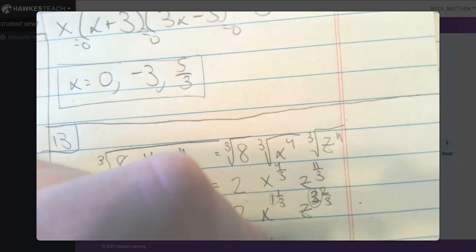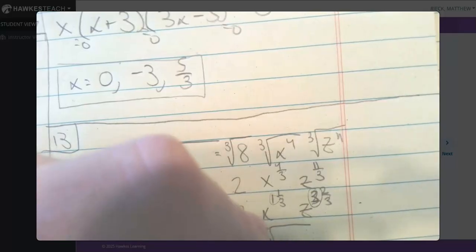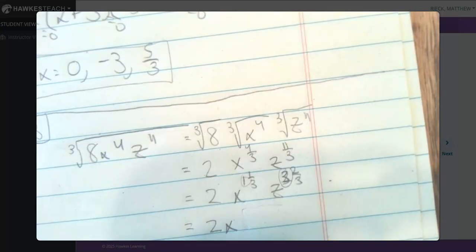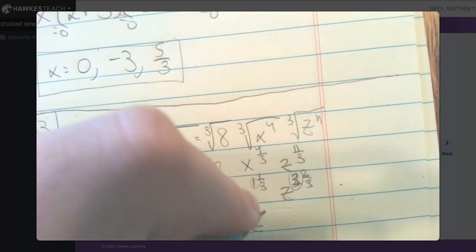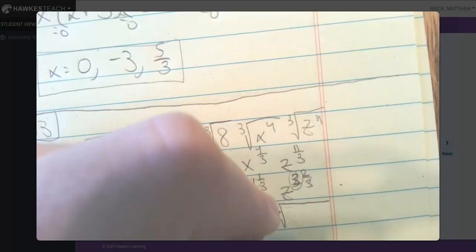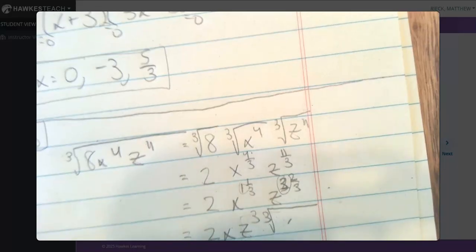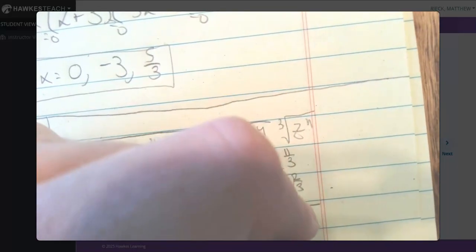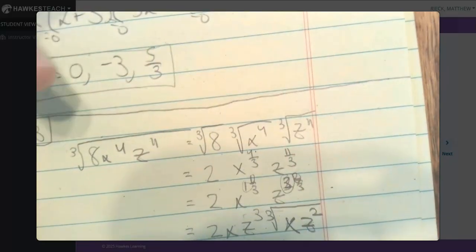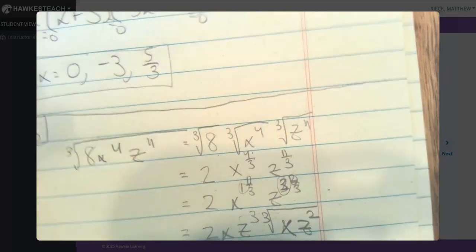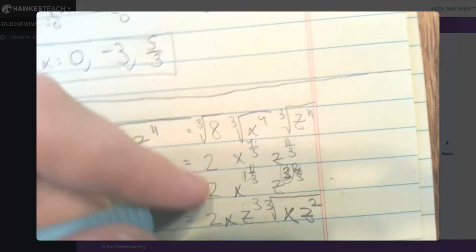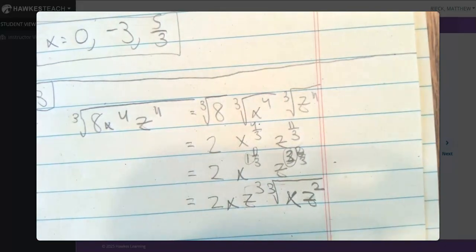So here we have 2x, then z to the 3rd, and then the cube root of x to the 1st and z squared, since the fractional part is a 2. So we end up with 2xz to the 3rd times the cube root of xz squared.